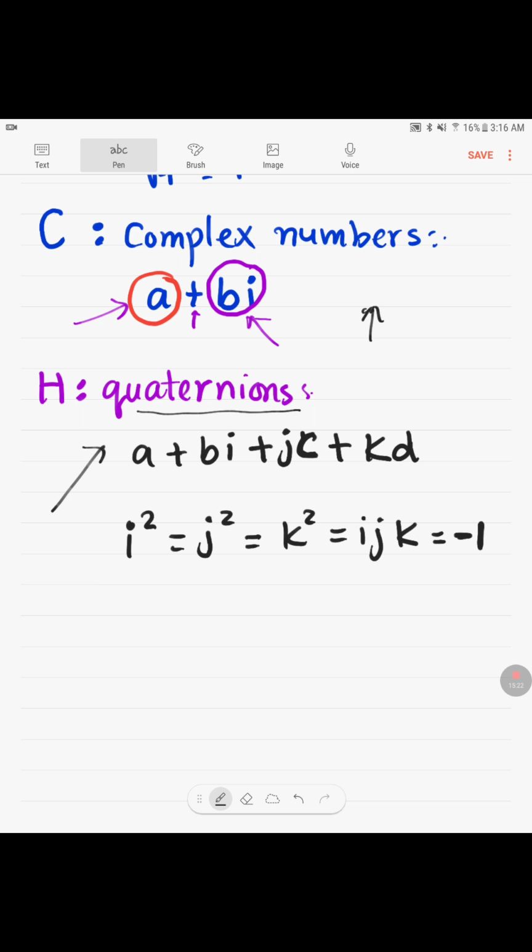Otherwise, they're not directly used. They're used more in three-dimensional rotations and robotics, a lot in things like Euler rotations and so on.